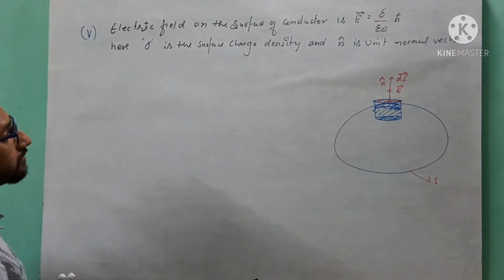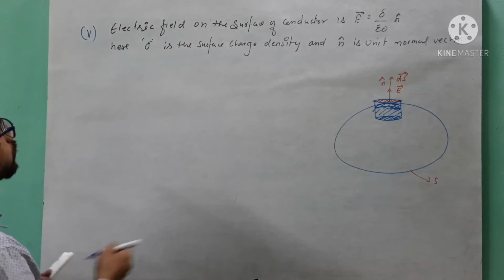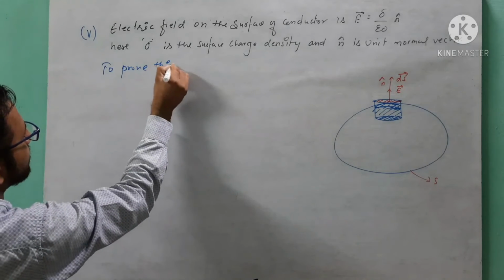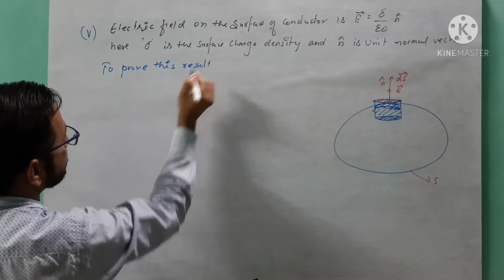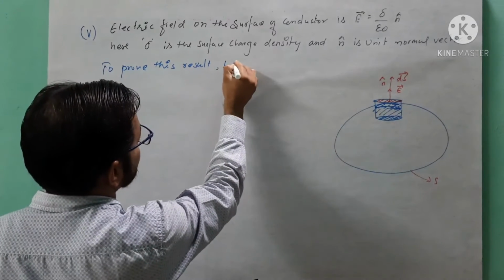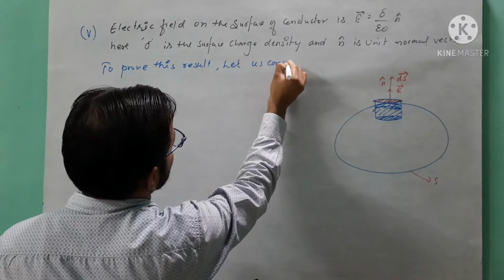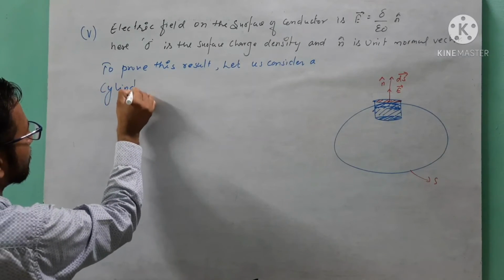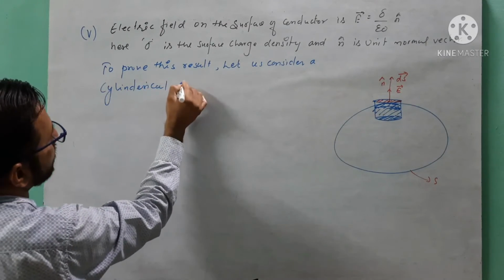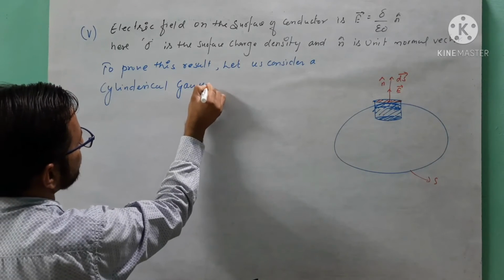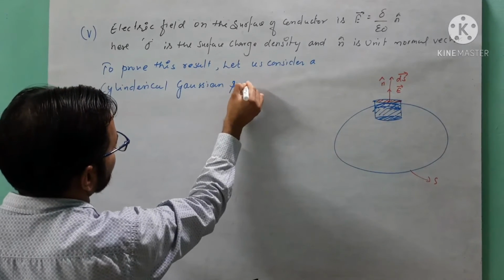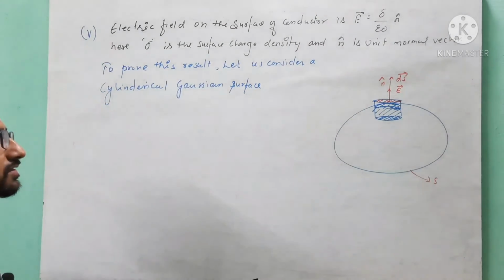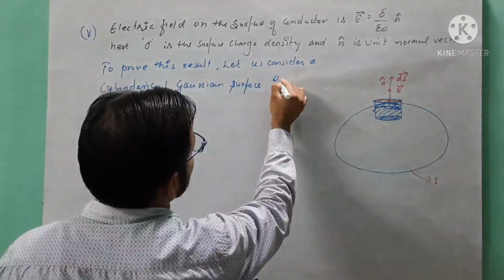So to prove this result, let us consider a cylindrical Gaussian surface. Got it?